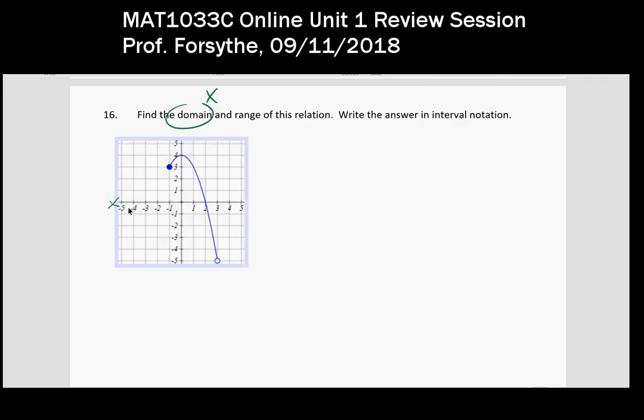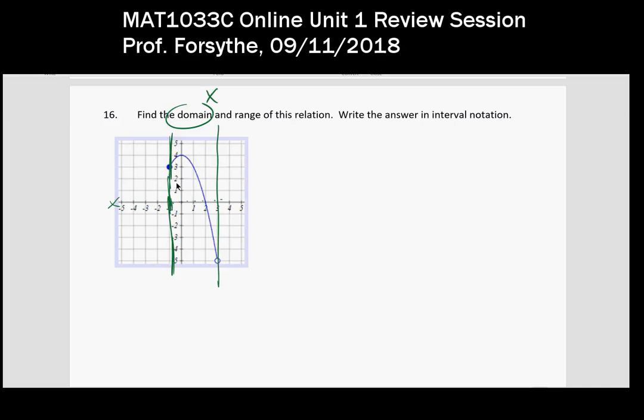If I take a look at the x values of this graph, it's this blue part. It starts right here at -1, and it goes all the way to 3. Those are where all of your x values lie.